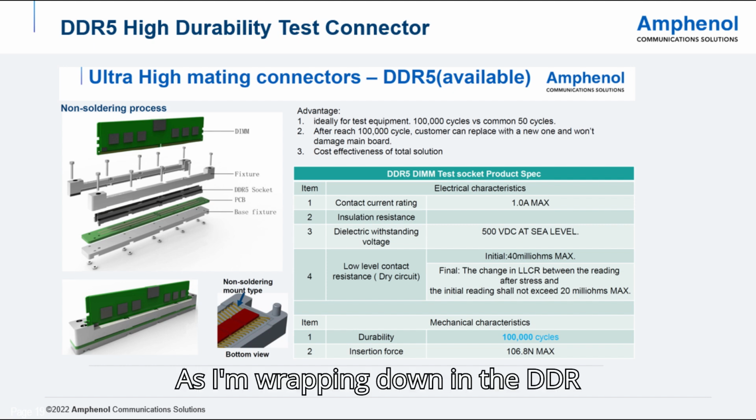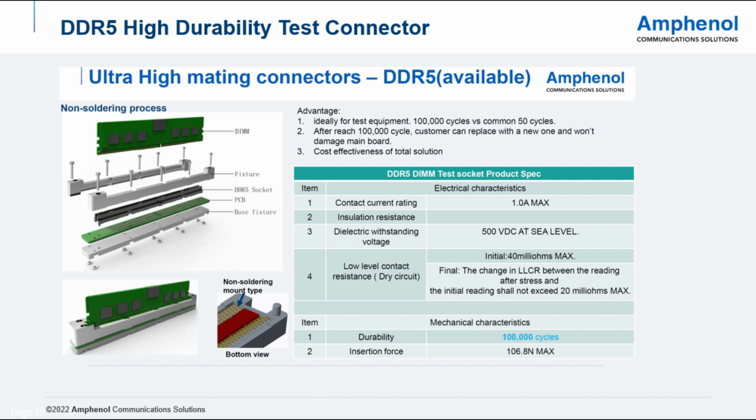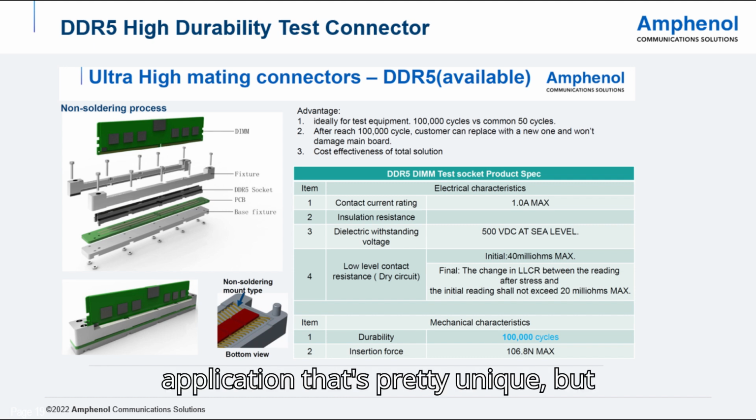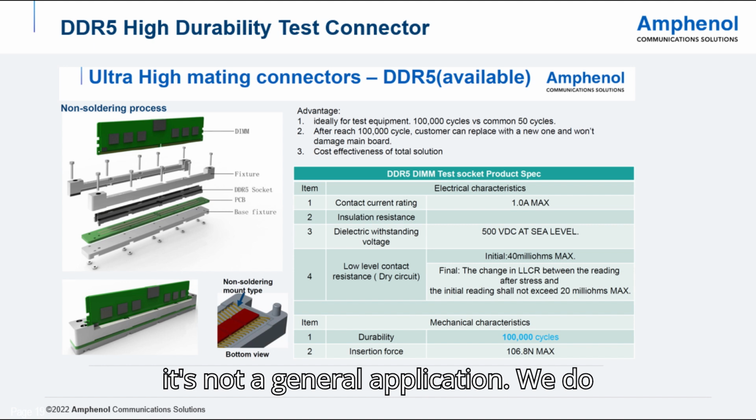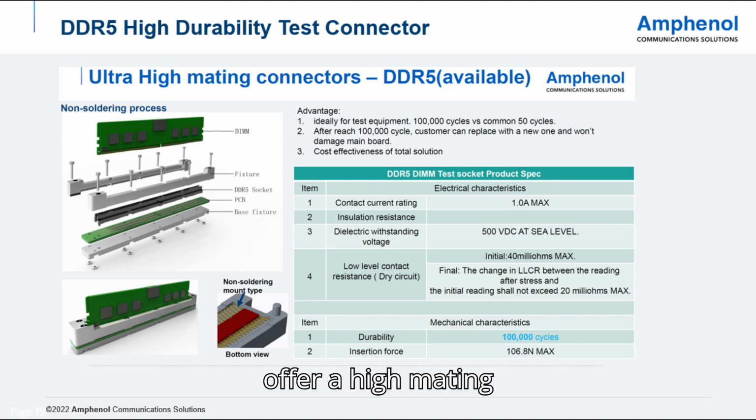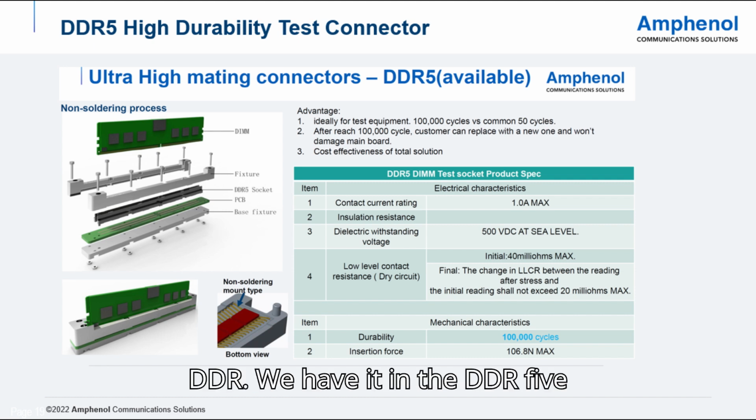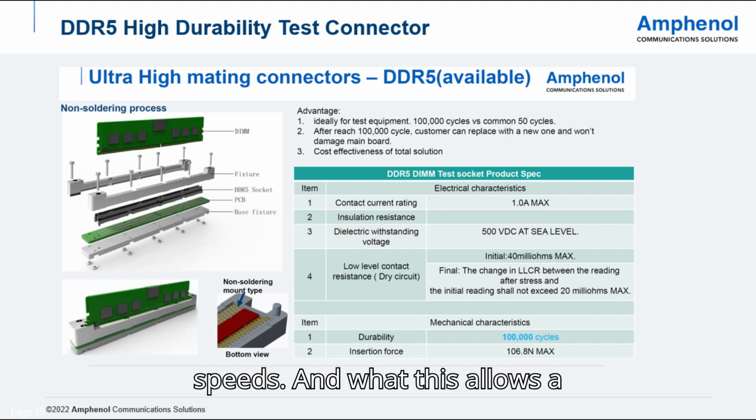As I'm wrapping up the DDR section, there is another application that's pretty unique, but it's not a general application. We do offer a high mating test type of socket for DDR. We have it in the DDR5 speeds.